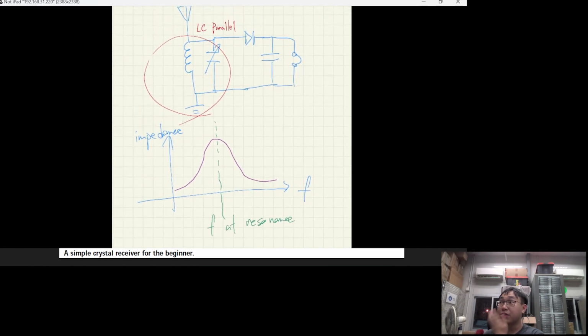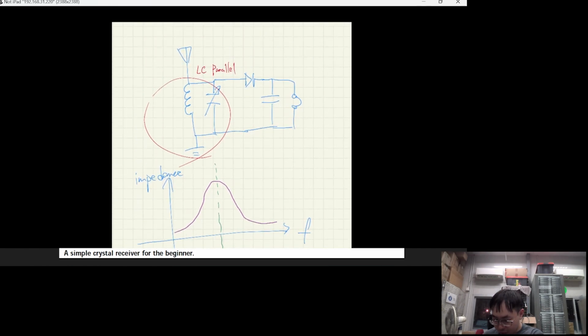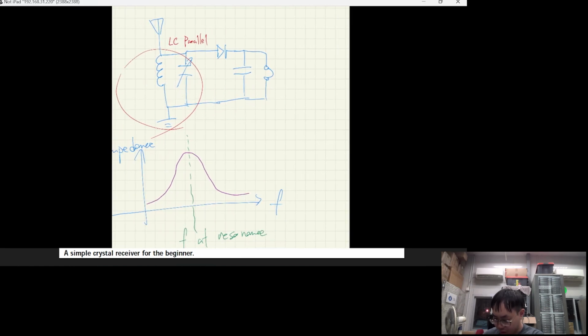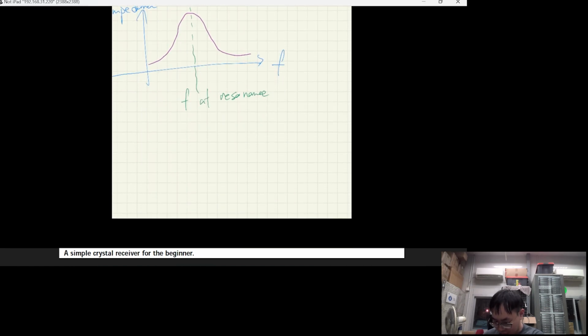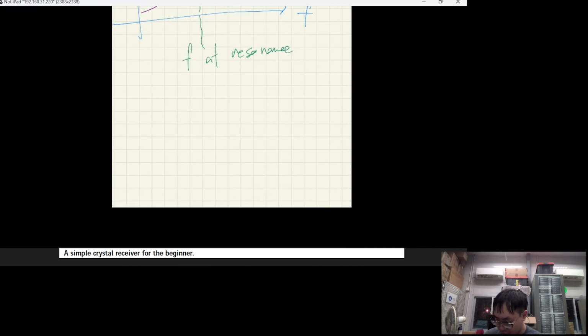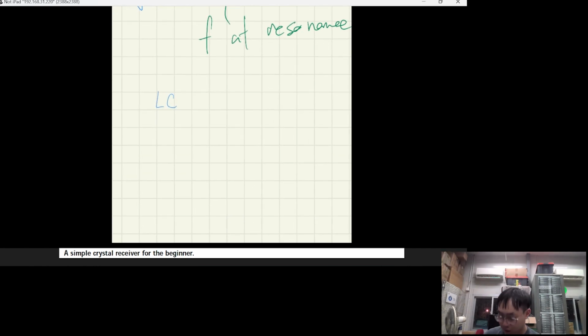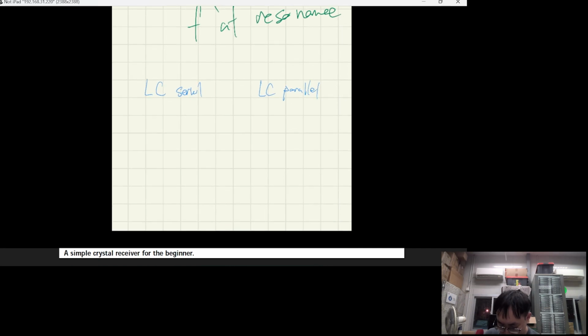So this is an LC parallel circuit, right? For LC circuits, you have two different forms. Still remember that? I guess not. One form is LC serial, and one is LC parallel. LC serial is just a circuit with inductors and capacitors together. LC parallel is simple.